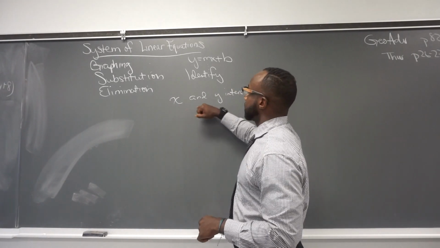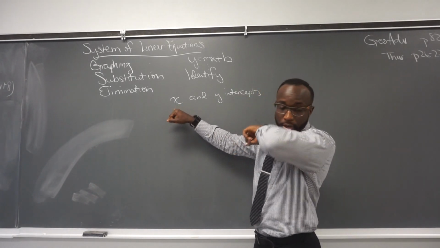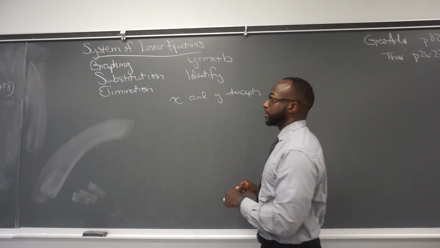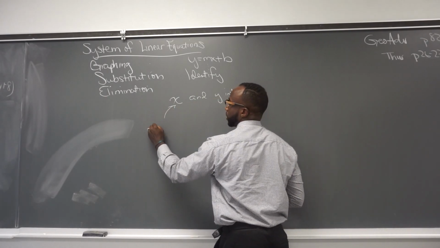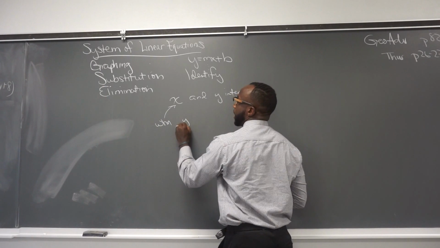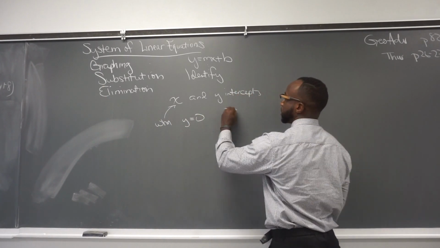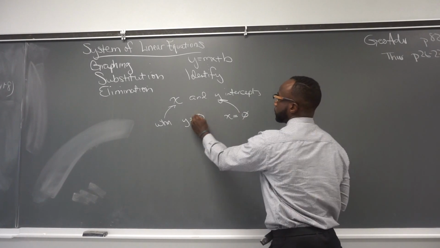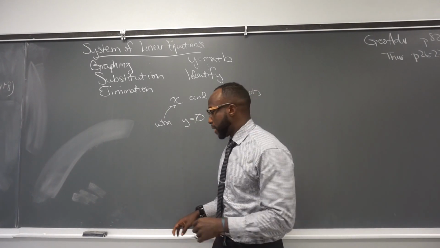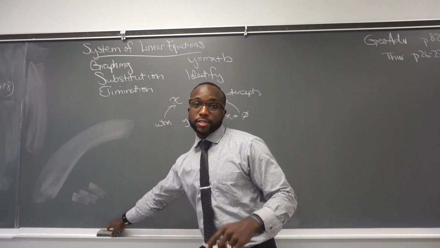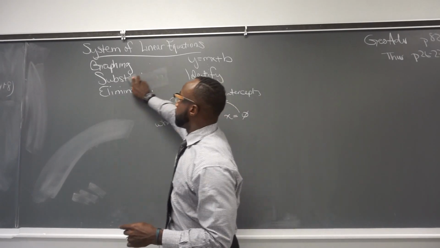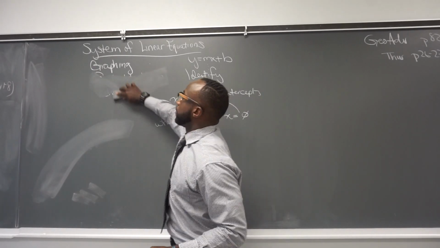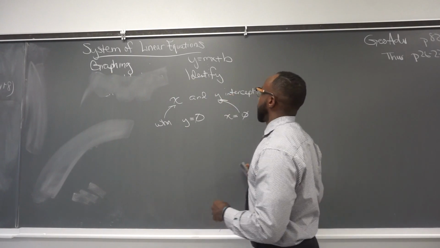So let's look at this example. Remember that the x-intercept is when y equals 0, and the y-intercept is when x equals 0. Okay? So let's look at solving system equations by graphing, but by finding the x and y intercepts.